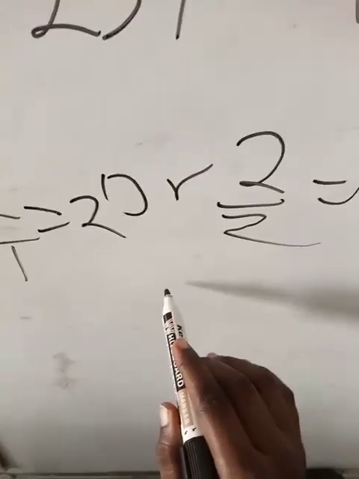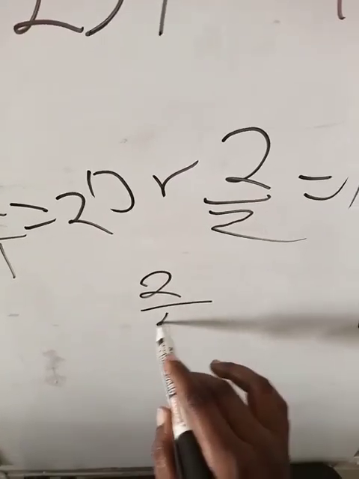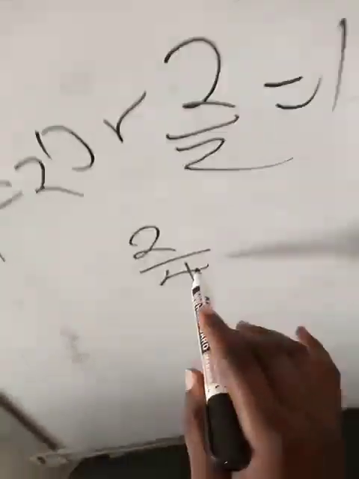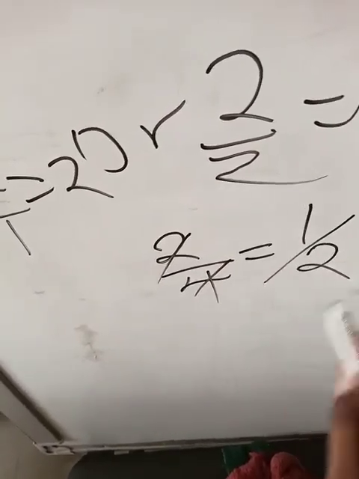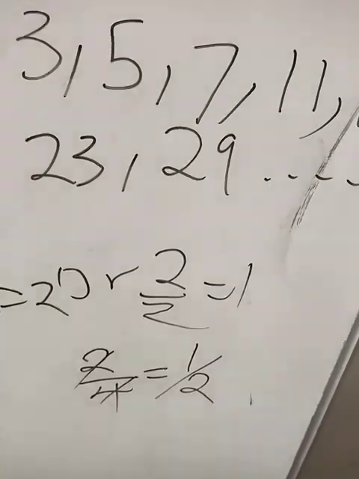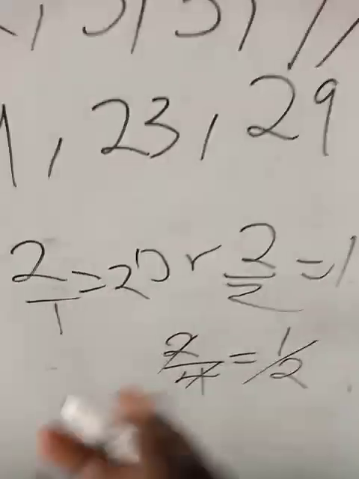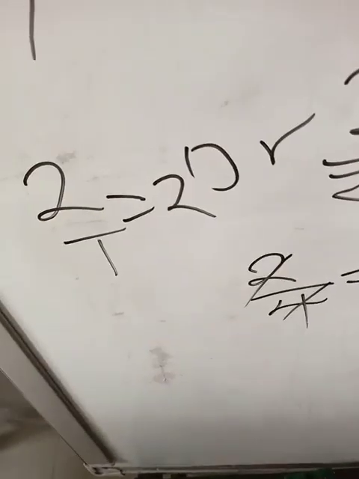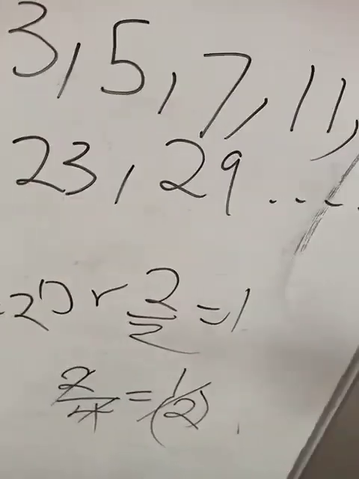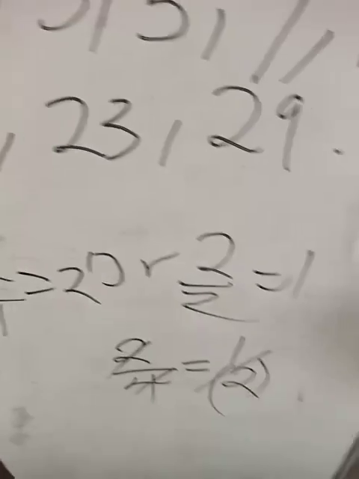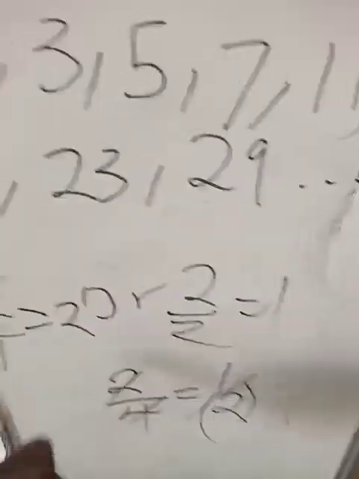For example, if I say 2 divided by 4, we have what? It equals 1 over 2. That's just to show you that we still have a remainder. So prime numbers can only be divided by 1 and itself to get whole numbers.